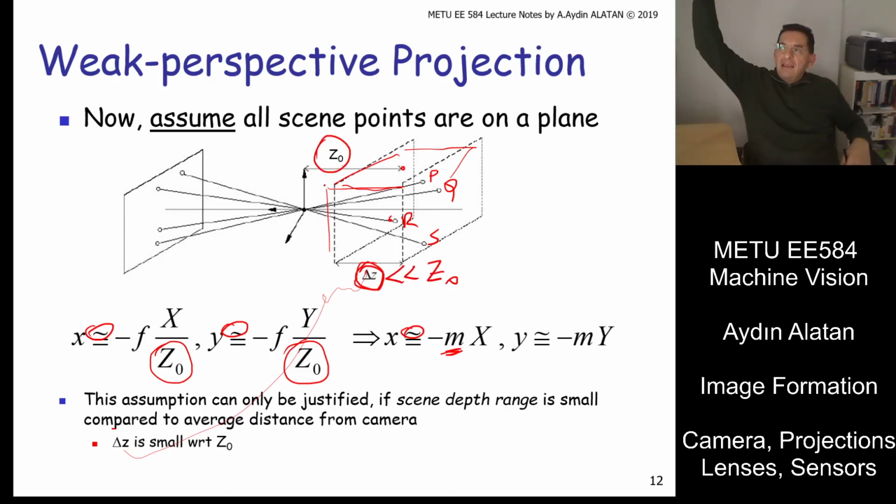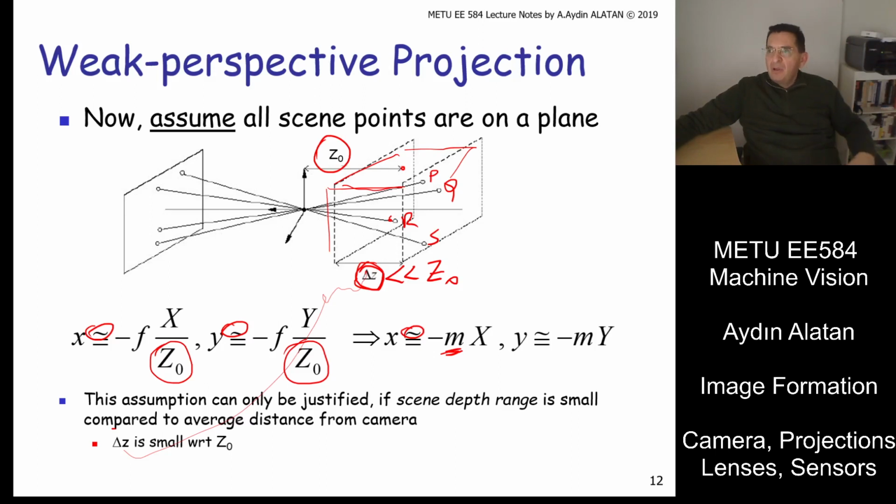say you are in a satellite, maybe 100 kilometers away, looking down to Earth and there are 500 meters of depth variation. Well, that could be a really very weak perspective projection, and you can assume this kind of relation. In real life, everything is not perfect planes like this.